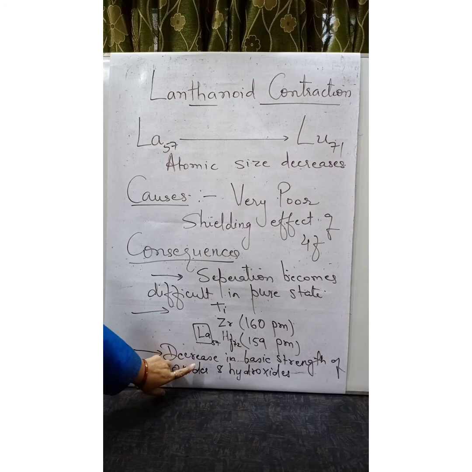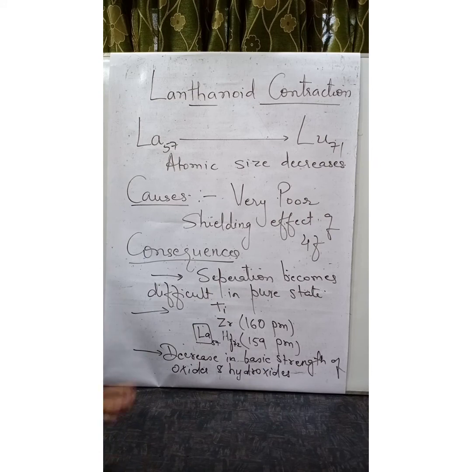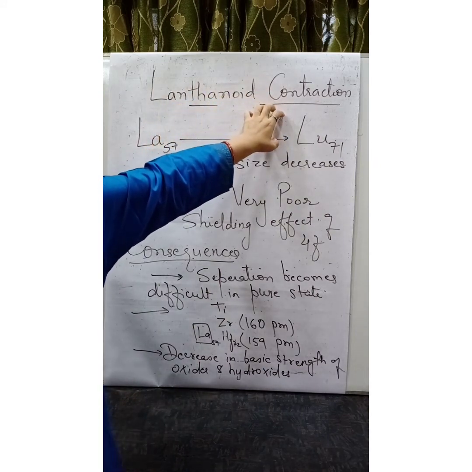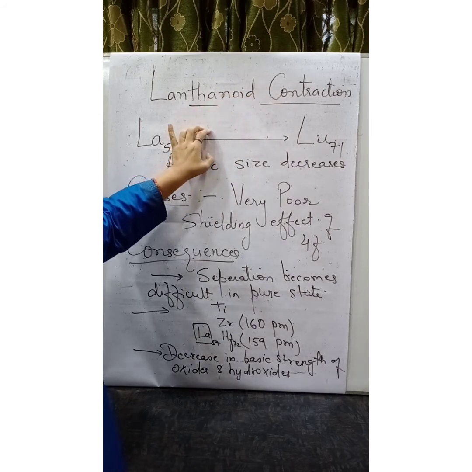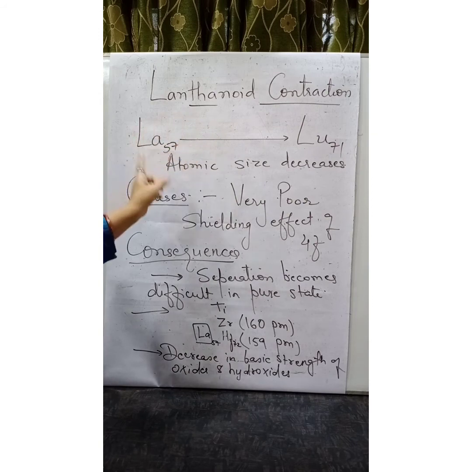Now, what is the reason for this decrease in basic strength of oxides and hydroxides across the lanthanoid series? As the size is decreasing across the lanthanoid series, as a result the covalent character of the hydroxides increases.